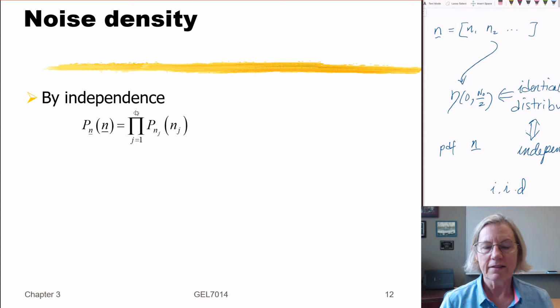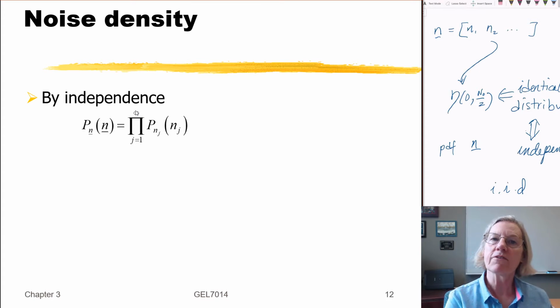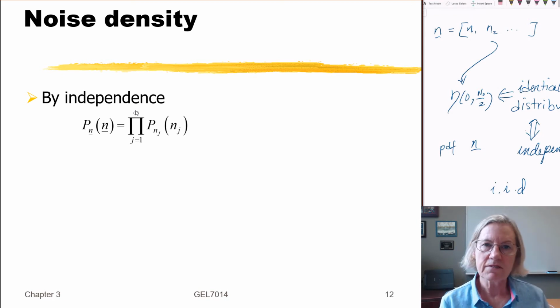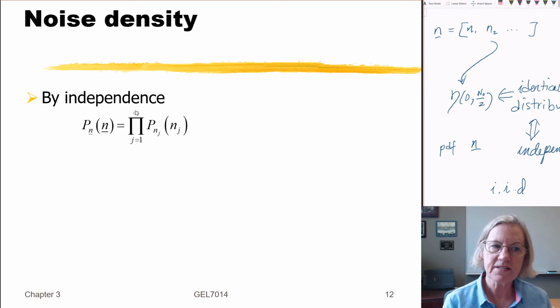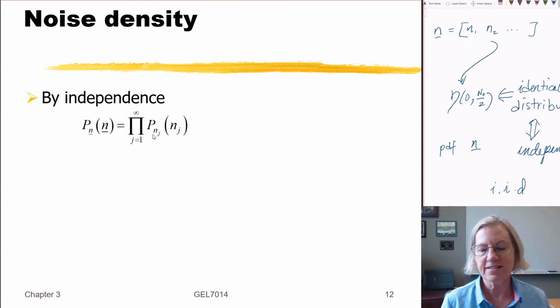But the important thing is that we have gone from knowing the noise process is additive white Gaussian noise, and the basis set is orthonormal. Because of these two hypotheses, we are able to find the joint density function for the entire noise vector, and it's given by this form. Of course, each one of these densities is the same.